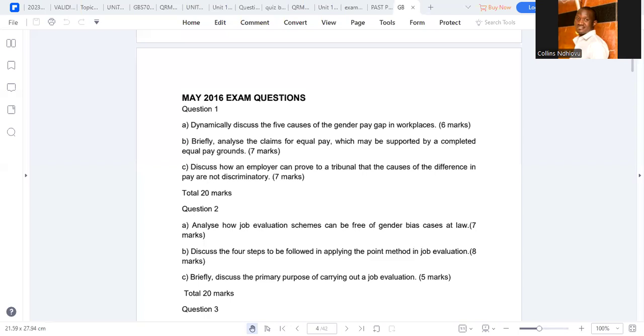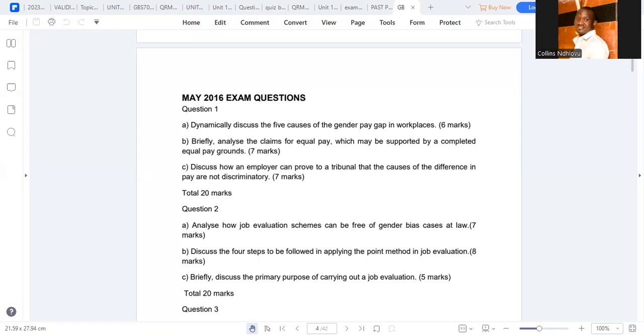This is typically classified into two: the horizontal and the vertical. The horizontal is where the segregation is between different jobs. Then vertical is where we have different levels of seniority. So there are usually pay gaps that come in different ways.